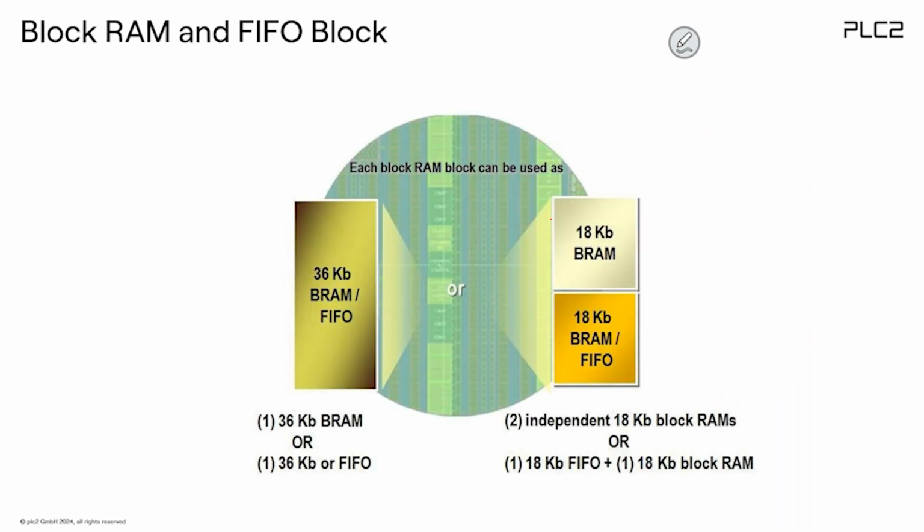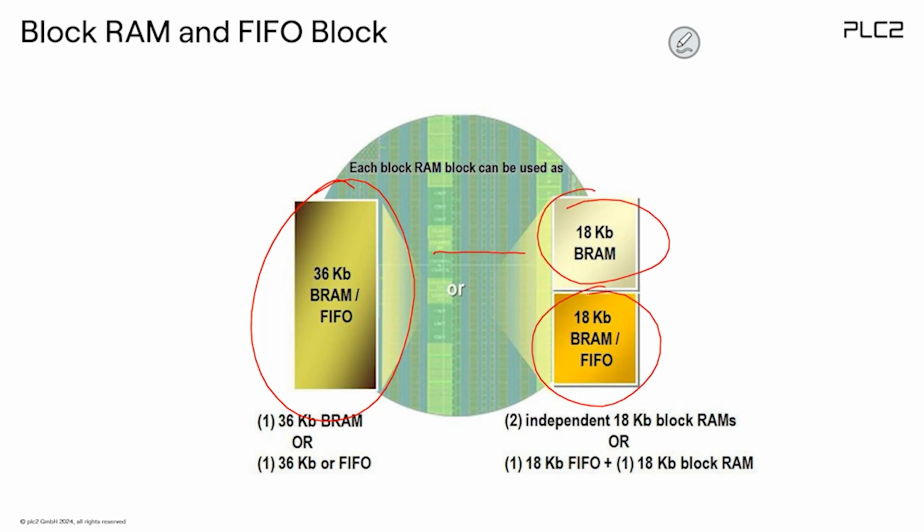So, one block RAM can be used in two different applications. It could be used as two independent single port 18-kbit block RAMs, or as one 18-kbit block RAM and one FIFO. Between two smaller block RAMs or one small block RAM and one FIFO, that could be done.